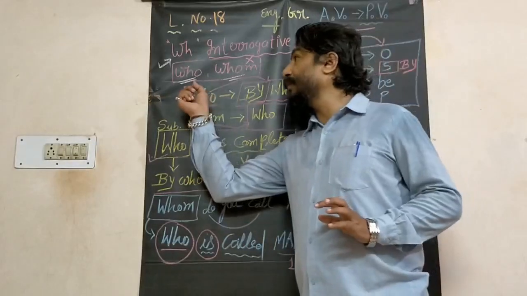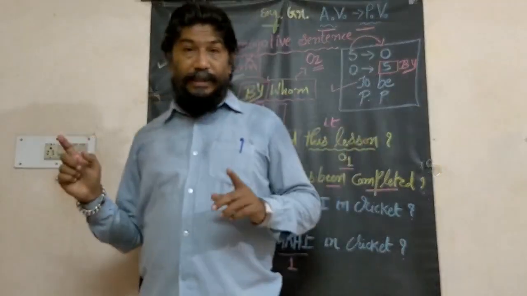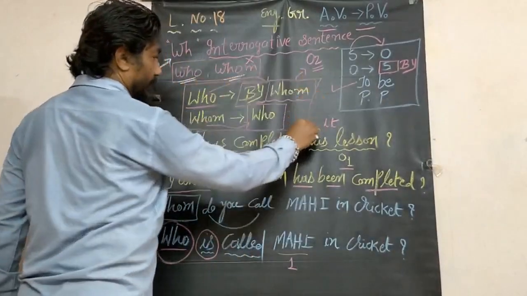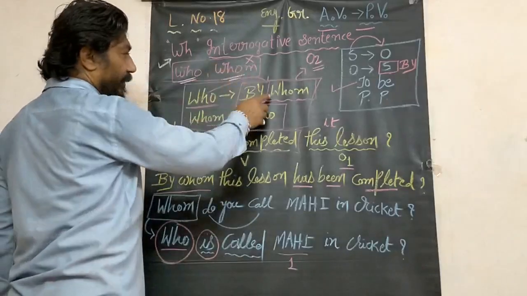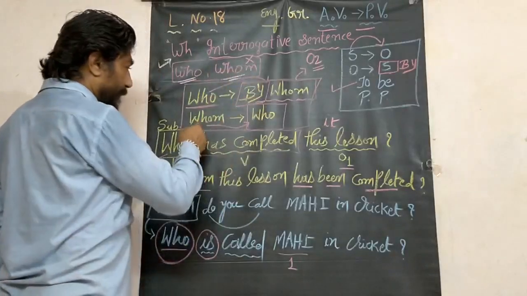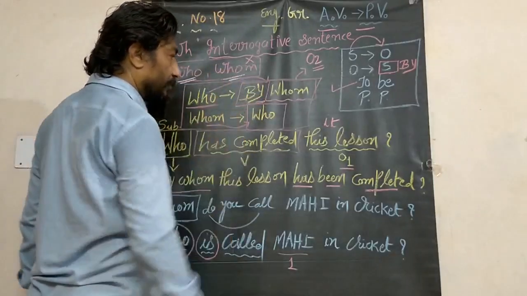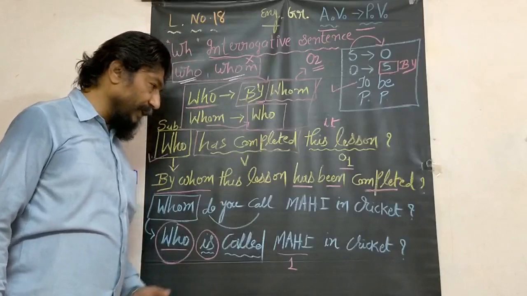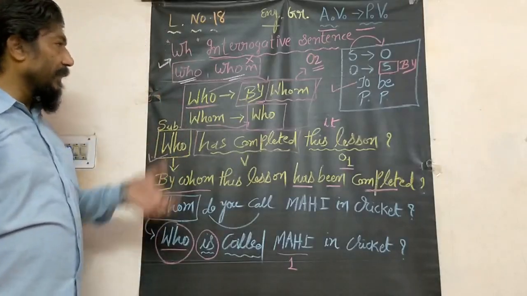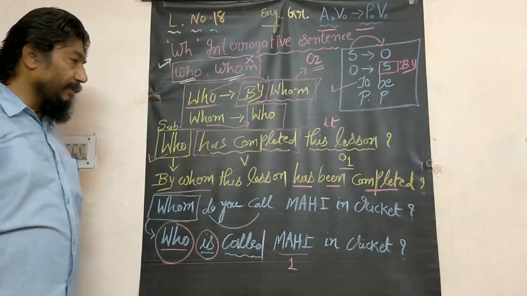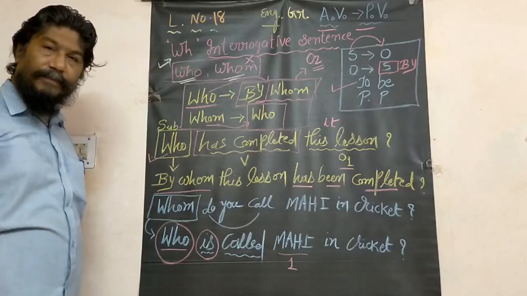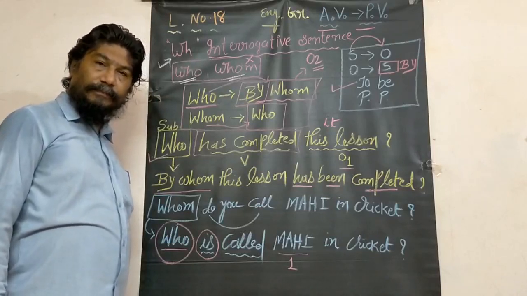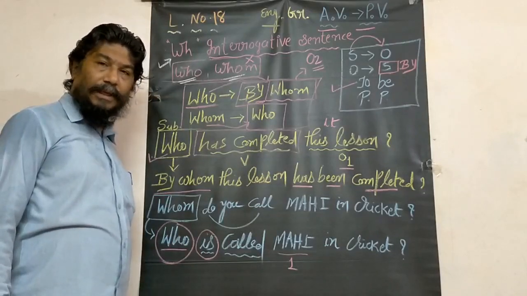Or if who or whom is used, this will be transformed in this way. If who is given, who will be converted into by whom. If whom is used, that will be converted into who. I'll give you 3 to 5 seconds to take a screenshot of the same, and then afterwards we'll move ahead with the next topic. Take a screenshot of the same, and if you have doubt, I'll be here to solve it.